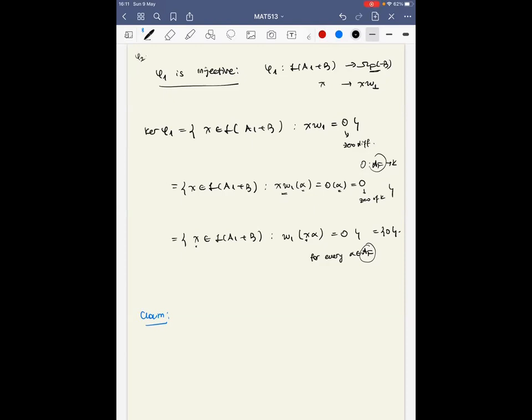And now our claim is that for an appropriate choice of this divisor B, we want to see that the image of the Riemann-Roch space of A1 plus B under phi 1 and the image of the Riemann-Roch space of A2 plus B under phi 2 has non-trivial intersection.